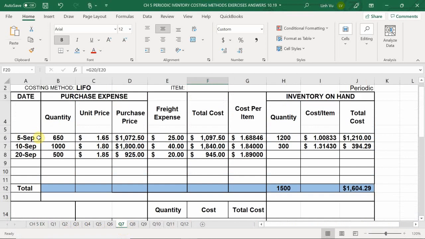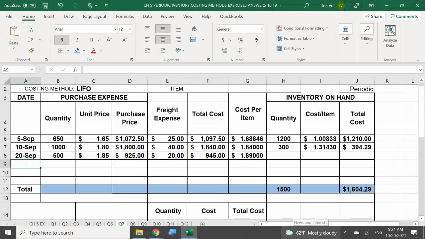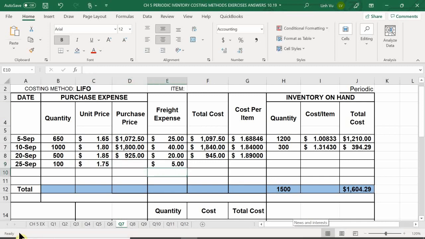So 100 toys at $1.75 with a freight of $5. In this case, what is my total purchase price? $175.